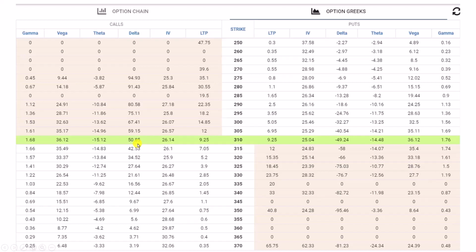Alright, that is what we have seen till now. And it also says how much am I going to lose if the spot price or stock price reduces by 1 rupee. Okay, which is this much.